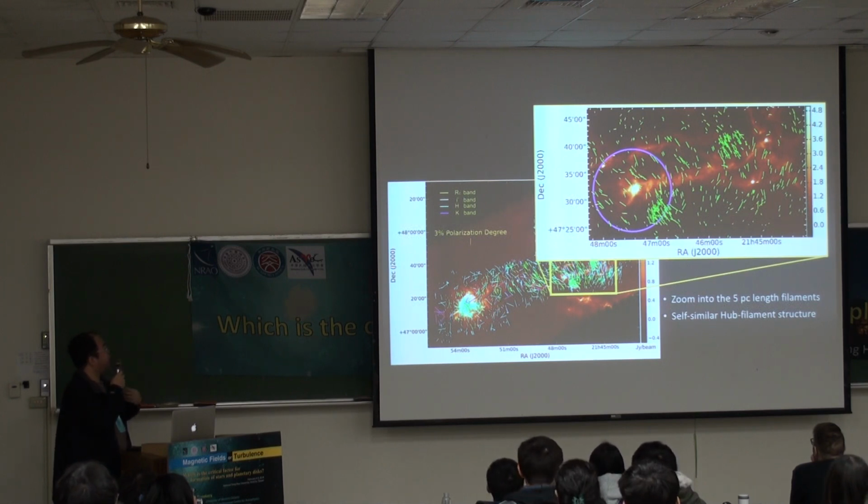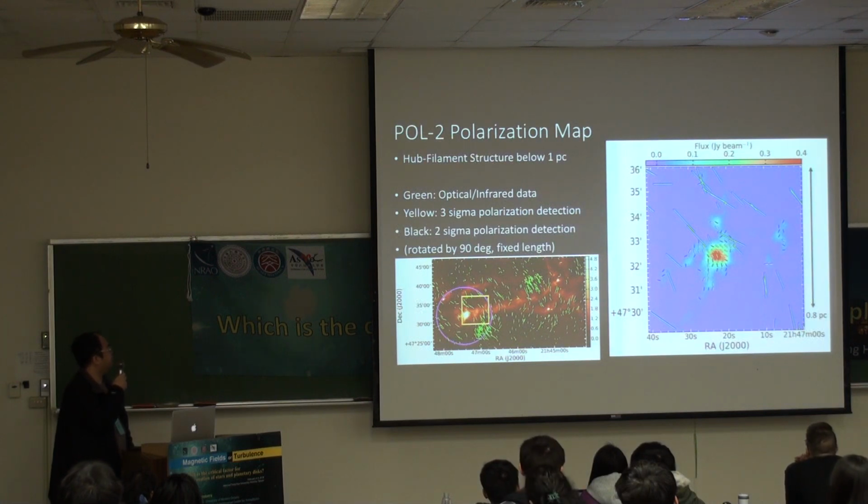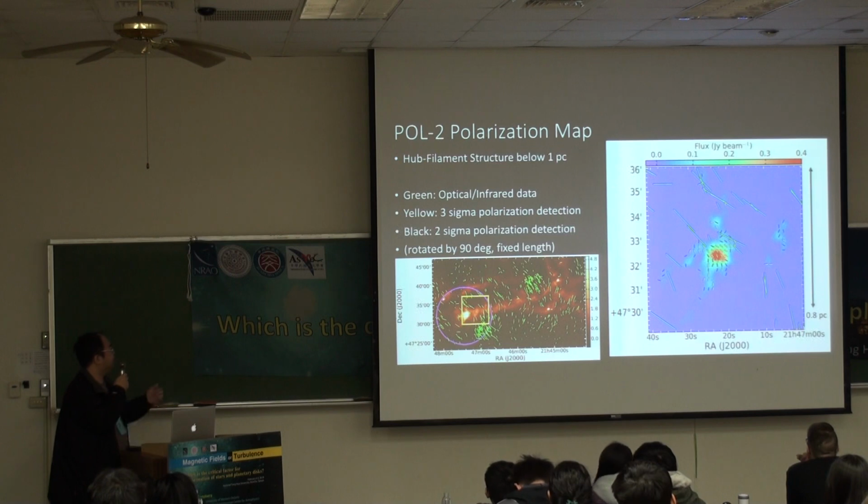Here the visual survey observed this region, observing the field with POL-2. So we can zoom into the regions within 1 parsec, and here we show the polarization result from POL-2 overlaid on the POL-2 total intensity map. From the total intensity map, we can see a different filament structure from the large scale.